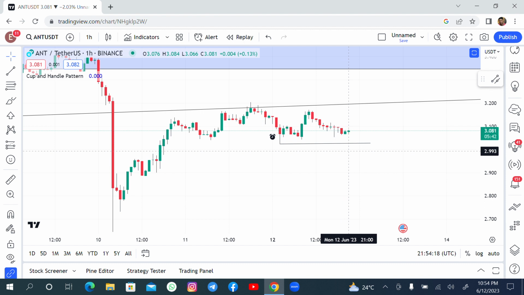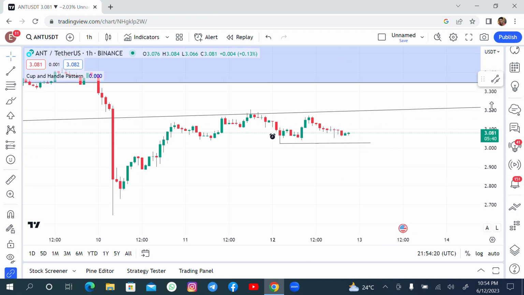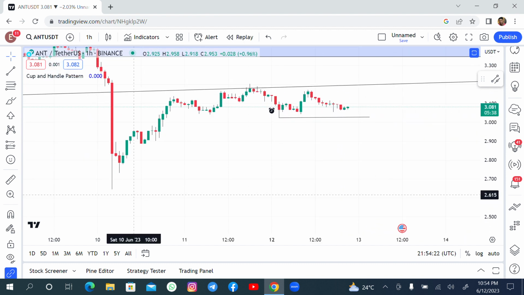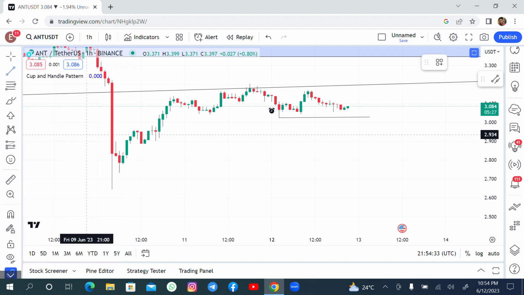You now go into the trade and then be thinking of taking out this low, because ultimately this will become a weak low. There's a strong high and a weak low.